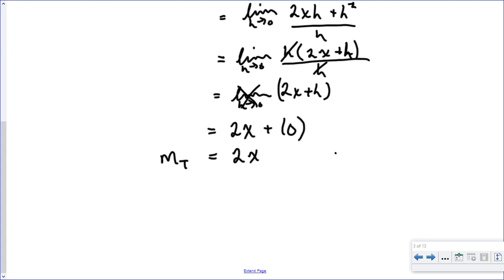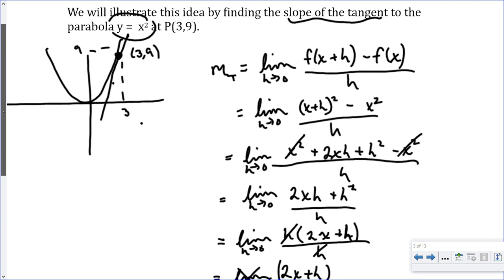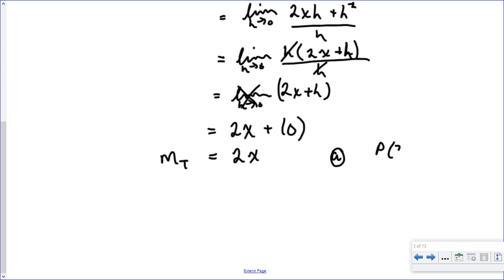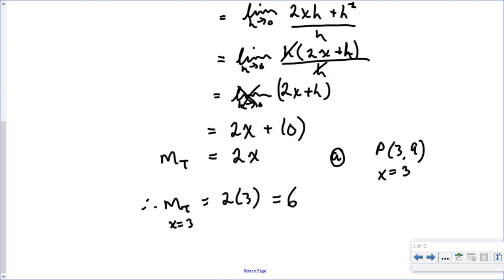But here's where I then want to put in my point, and in this case it's x equals 3. So the slope of my tangent at x equals 3 carries a value of 6. That's exactly how I would do that.